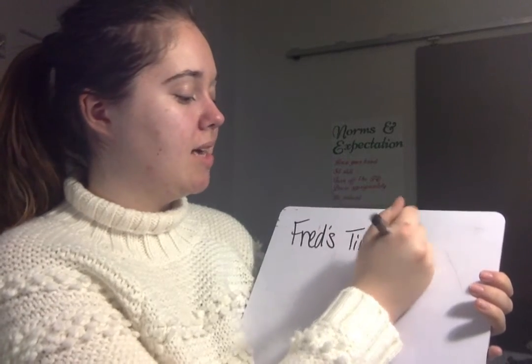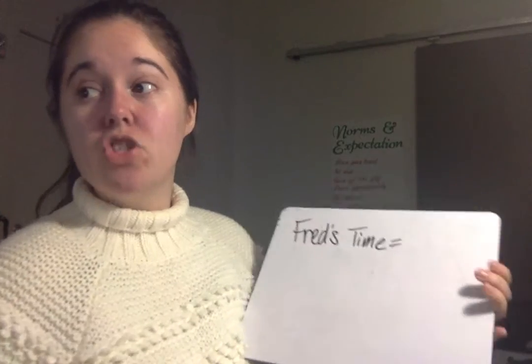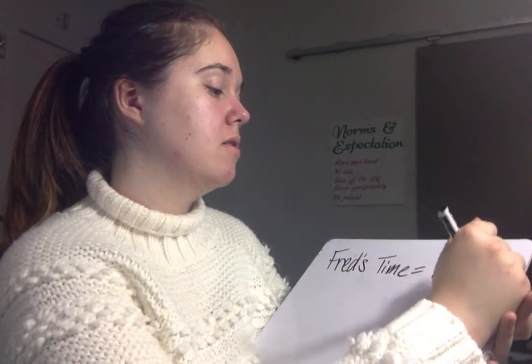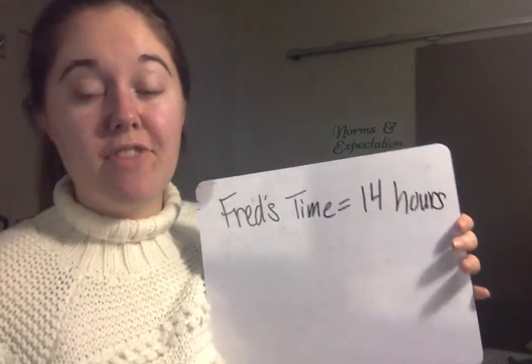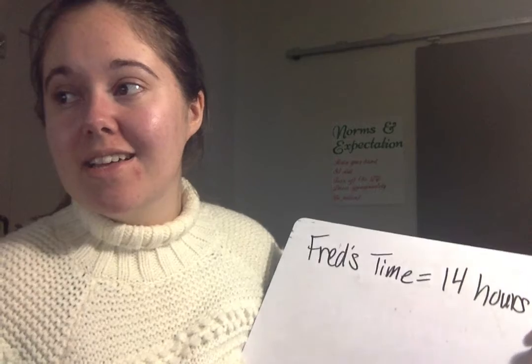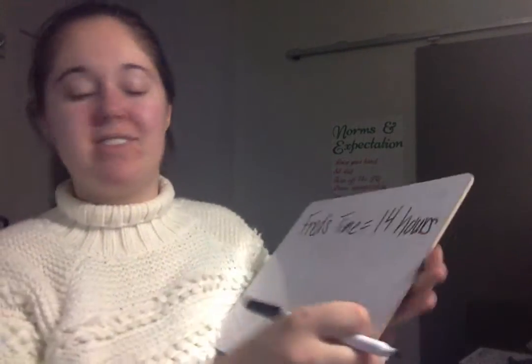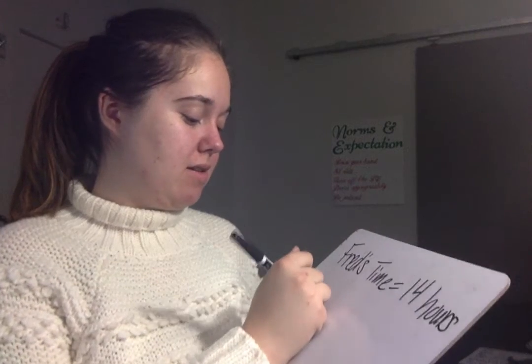Because remember, t was Fred's time. T equals 14, so Fred takes 14 hours. Fred takes 14 hours to do that biking, and that leaves Sam. Yeah, so Sam is left.